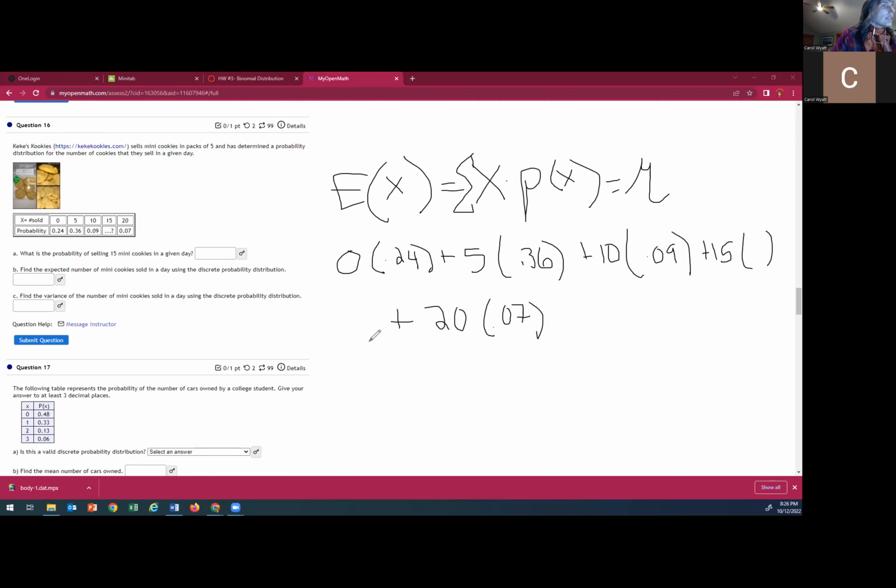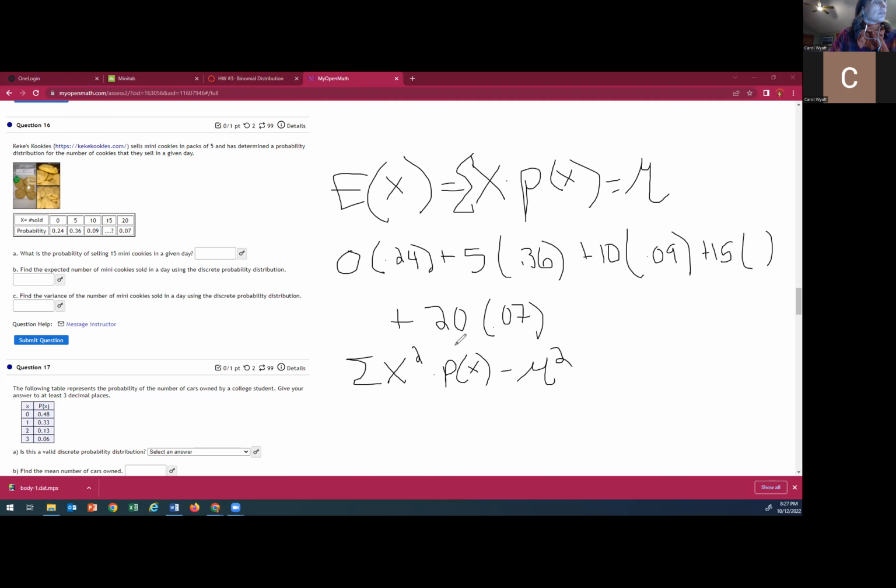The variance is the sum of x squared times the probability of x, minus the mean squared. That's how you calculate the variance. Again, this is a measure of how far from the mean we expect. If I take the square root of this, I would get the standard deviation.